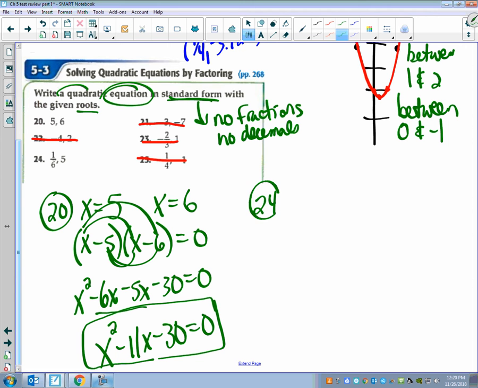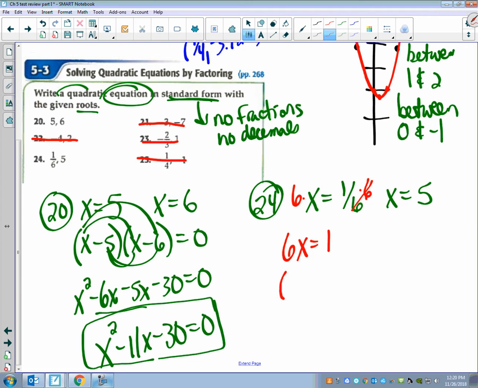The ones that we did in class had fractions in them. So let me remind you how to do that, because I'll guarantee the one on your test is going to have that as well. So step 1, I multiply by 6, and I get 6x equals 1, because I want to get rid of my fraction, right? So whatever's in the denominator, multiply it over, and then I can subtract that over and get 6x minus 1. And on this one, I just subtract the 5 over, because there's no fraction, and that would be x minus 5 equals 0.